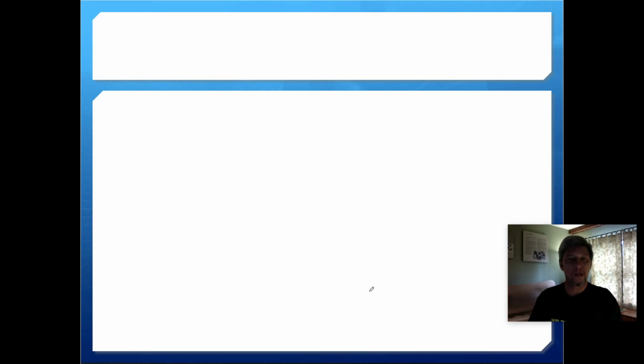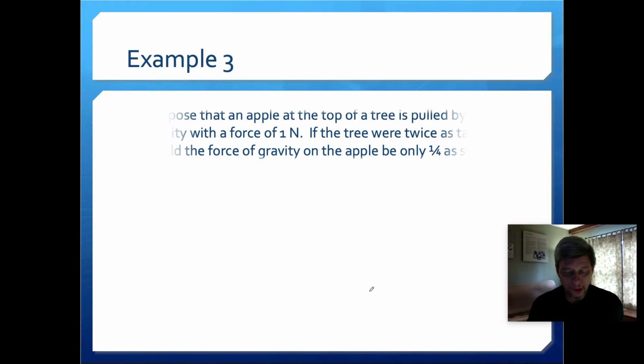Now, that brings us to example number 3. Suppose that an apple at the top of a tree is pulled by Earth's gravity with a force of 1 Newton. If the tree were twice as tall, would the force of gravity on the apple be only 1/4 as strong?